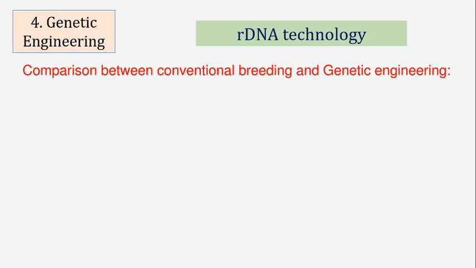We take one variety of a plant and another variety of the same plant and mix them together, and pollen from one variety fertilizes the ovum of another variety of the same species, and then new seeds and new plants are produced which contain some features of the father plant and some features of the mother plant. So that was the process of conventional breeding.